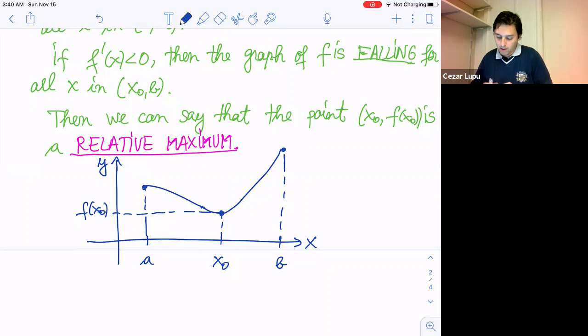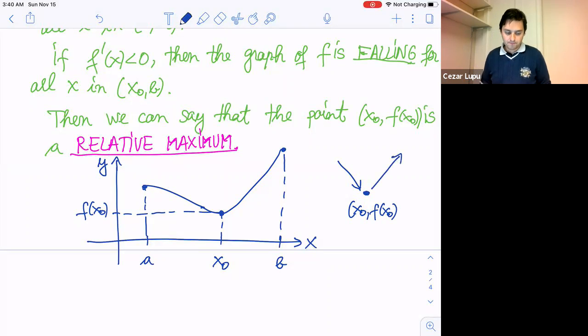It will fall all the way to this point, x naught, f of x naught, and starting from here, it will increase, right?